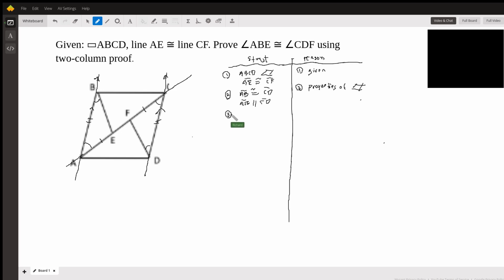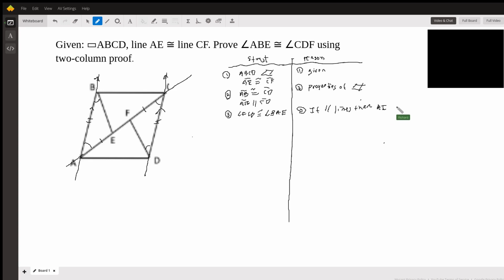So let's put that statement in here. Angle FCD congruent to angle BAE, and the reason is if parallel lines, then alternate interior angles are congruent.